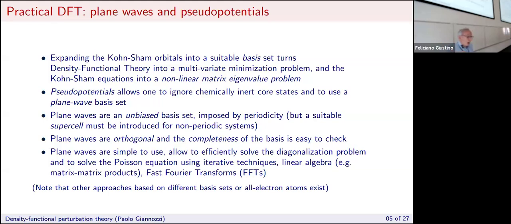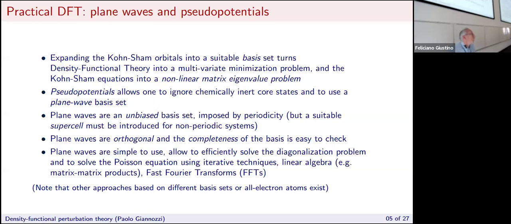Plane waves are quite simple to use, and there are a bunch of interesting numerical techniques that can be used with plane waves, in particular fast Fourier transform techniques that allow this method to be very efficient. On the other hand, you have a periodicity.